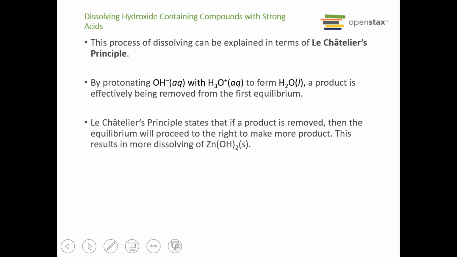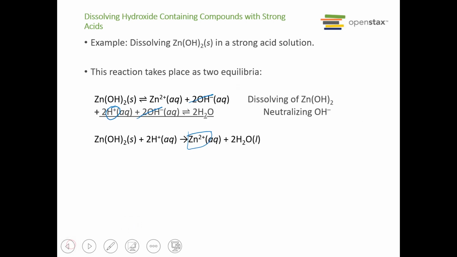So we can describe this in terms of Le Chatelier's principle. If we protonate the OH negative with the H3O plus ion and form water, then we're essentially taking this OH out of solution. So that's what happens in the next step: this OH negative gets taken out of solution with the proton.